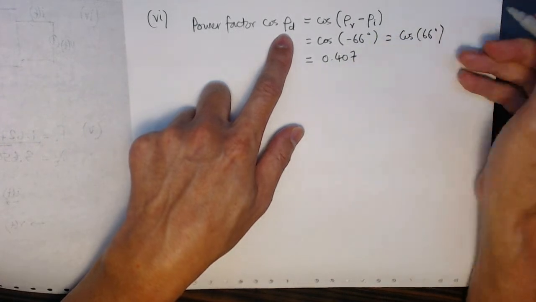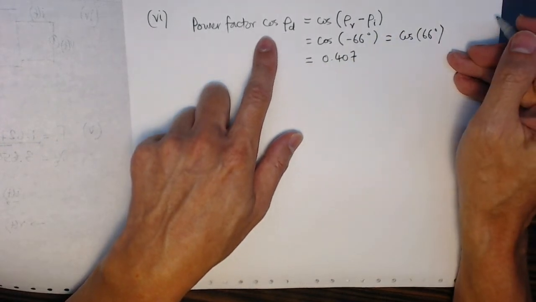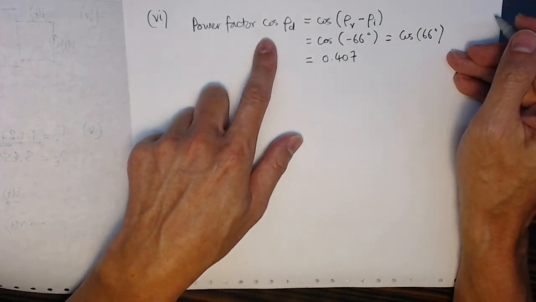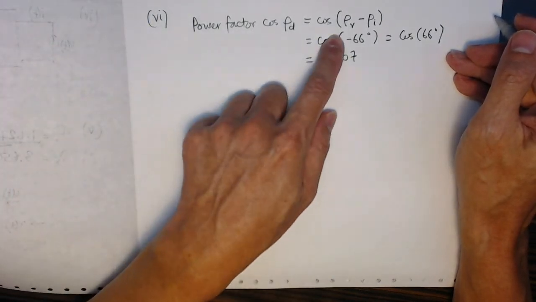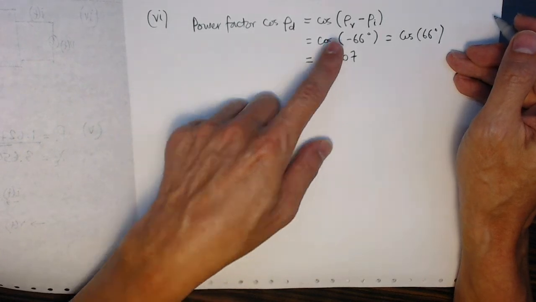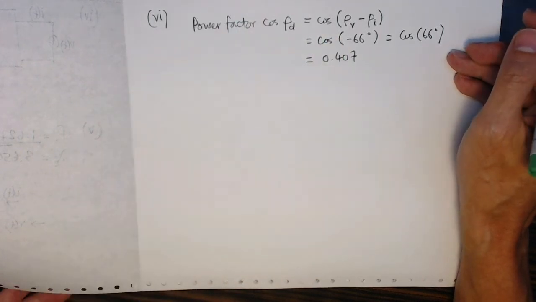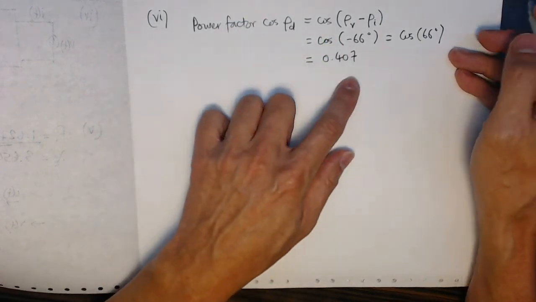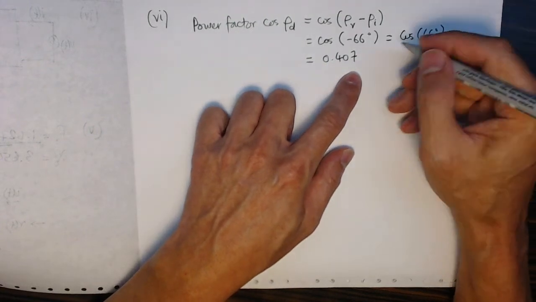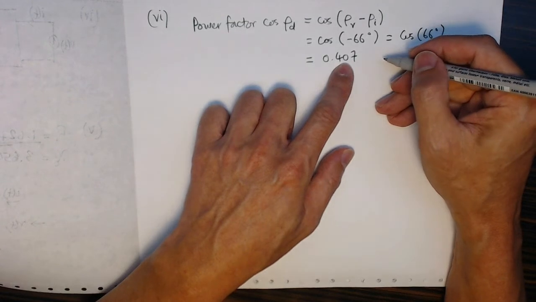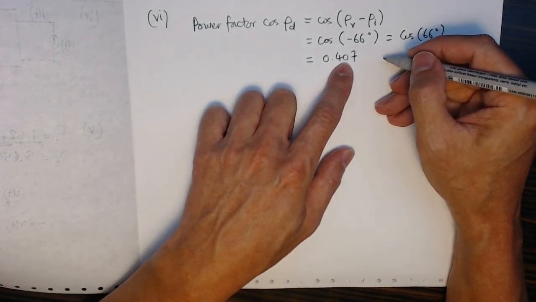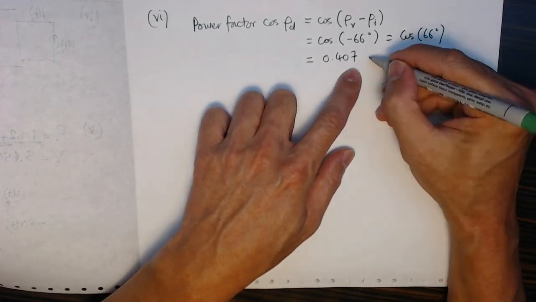And that gives me 0.407. Now, in this case, the current phase shift is a positive angle, whereas the voltage phase shift is a negative angle. In other words, if you look at the phasor diagram earlier, the current is ahead of the voltage. So in this case, we put that as leading.